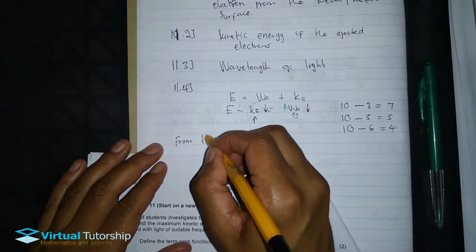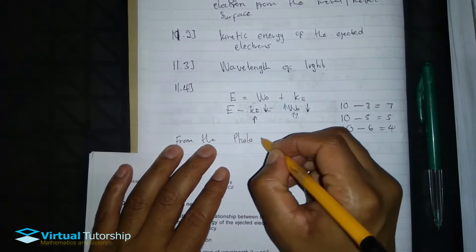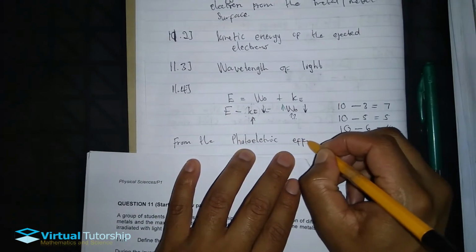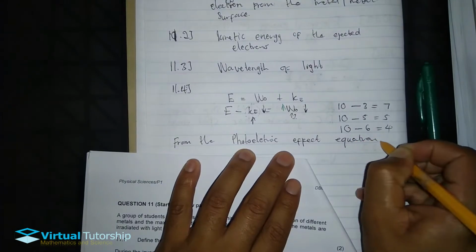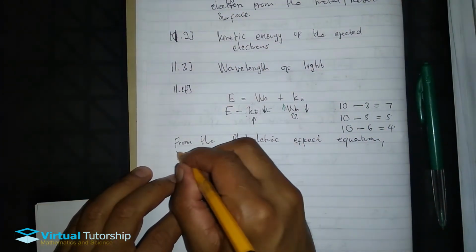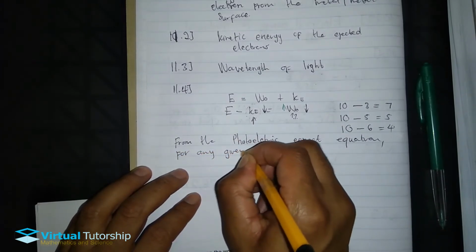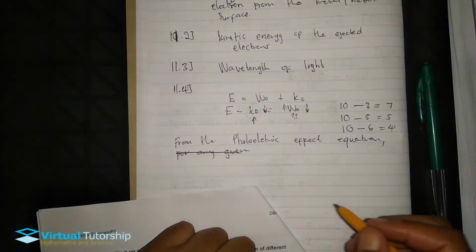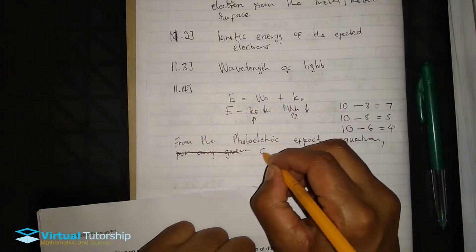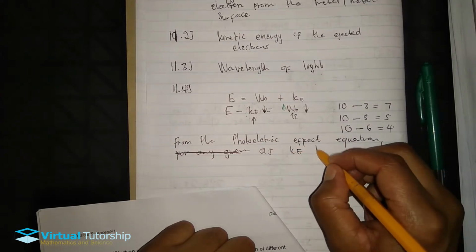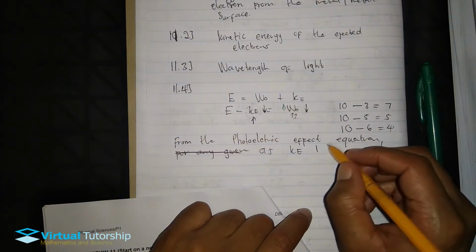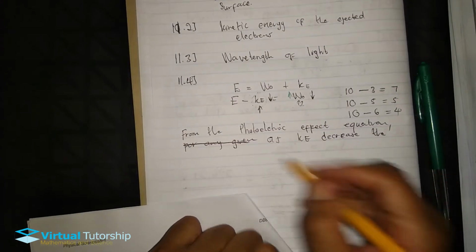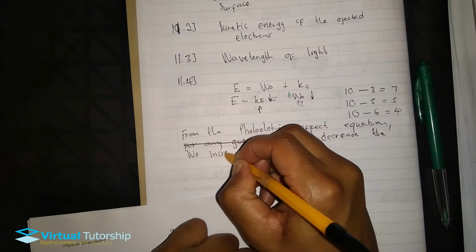From the photoelectric effect equation, for any given metal, as kinetic energy decreases, the work function increases.